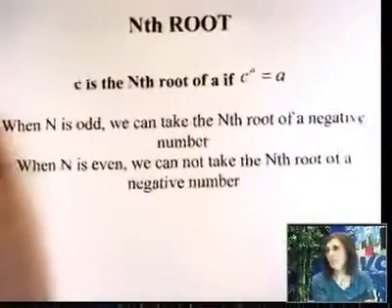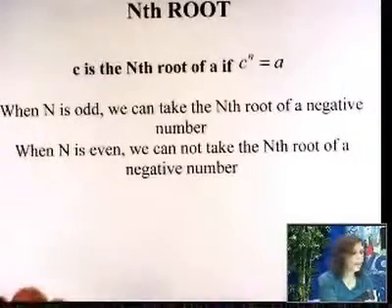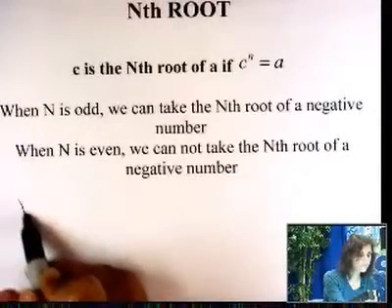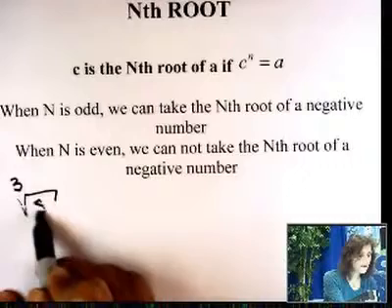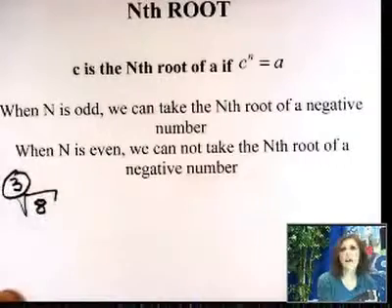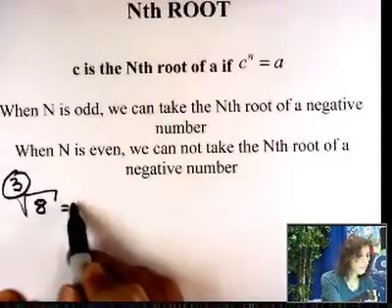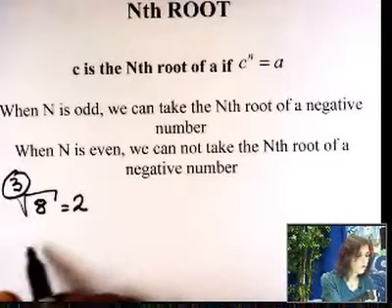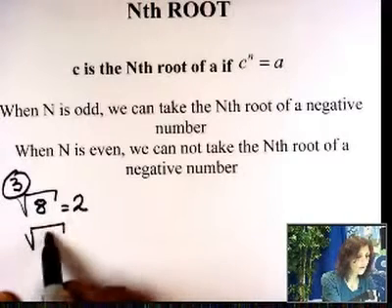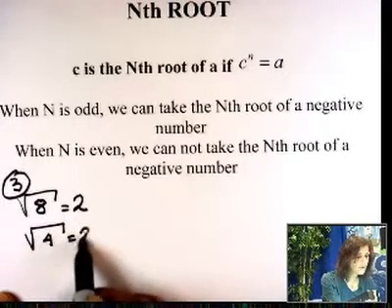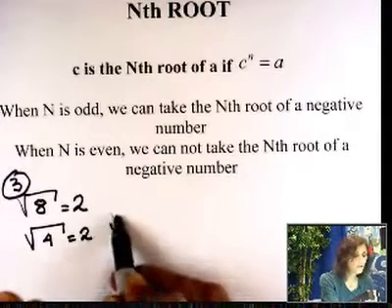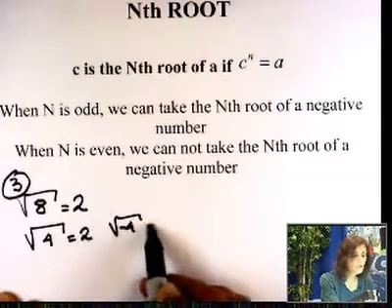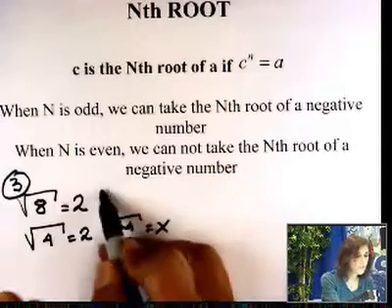Okay, let's look at a couple of things. Let me put it in here. So let's look at it. Nth root. If I want to write the cube root of 8, I need to put a 3 in there, and that's 2. If I want the square root of 4, that's also 2. Square root of negative 4, no real answer.